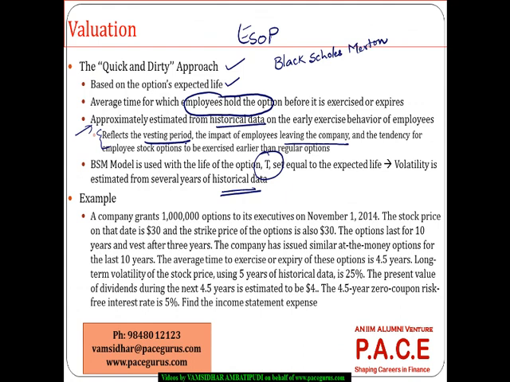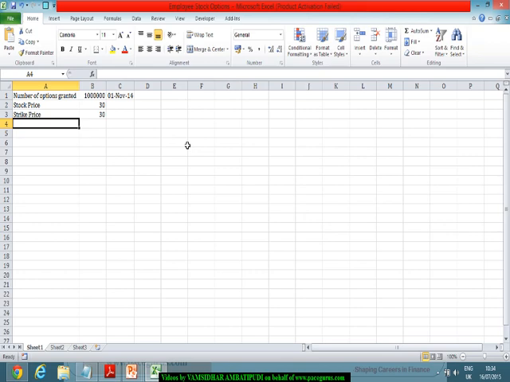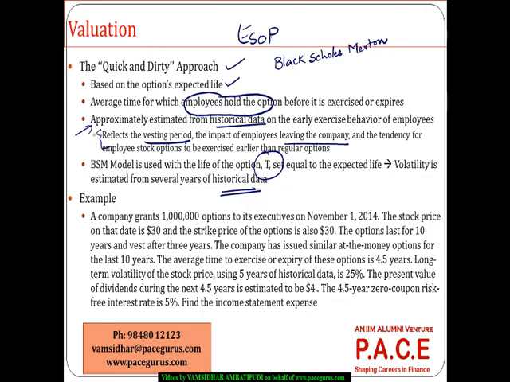The option lasts for 10 years and vests after 3 years. So option period is 10 years, vesting period is 3 years. The company has issued similar at-the-money options for the last 10 years.